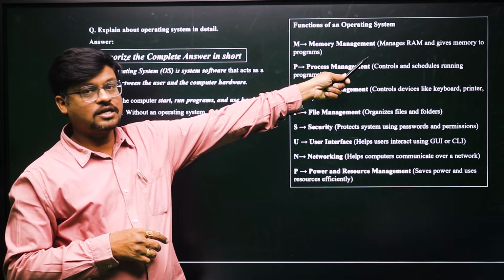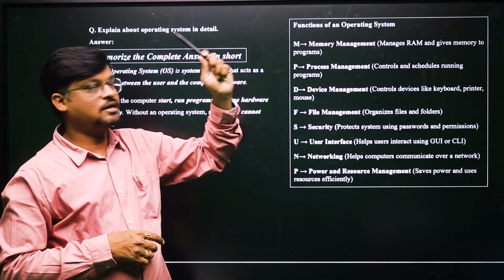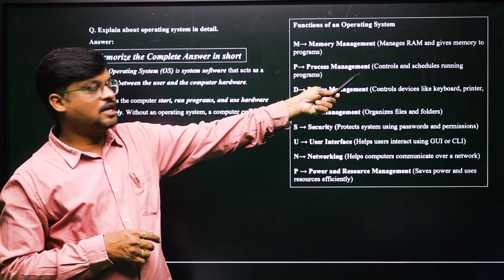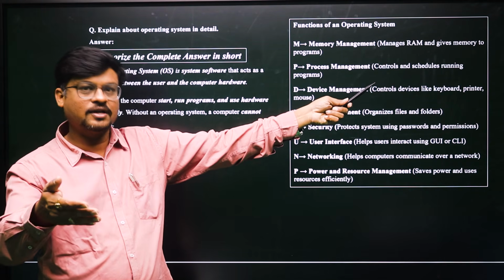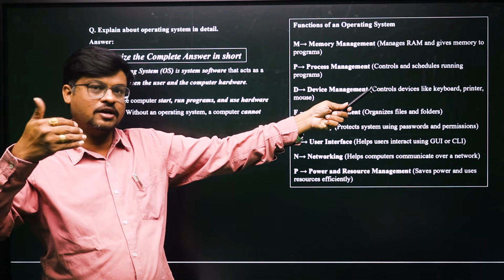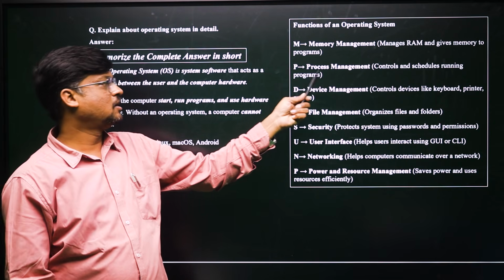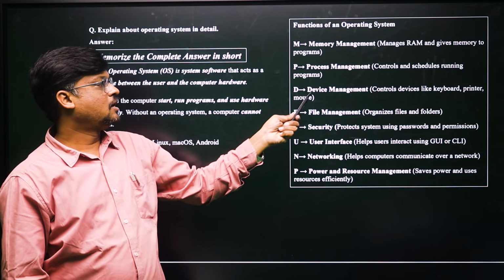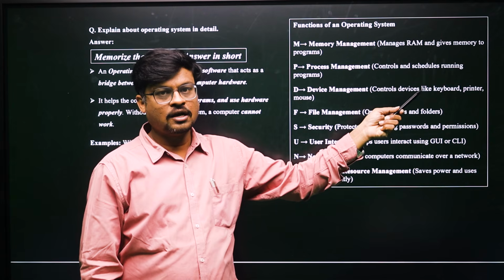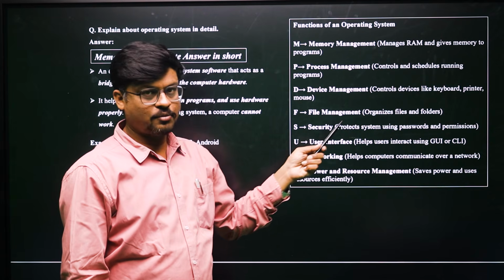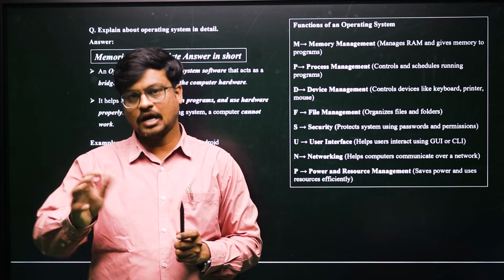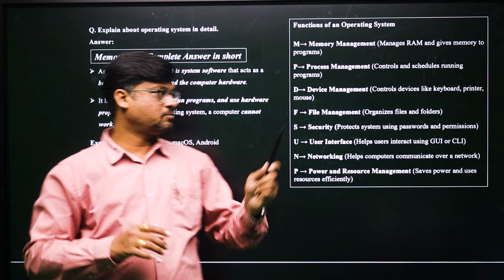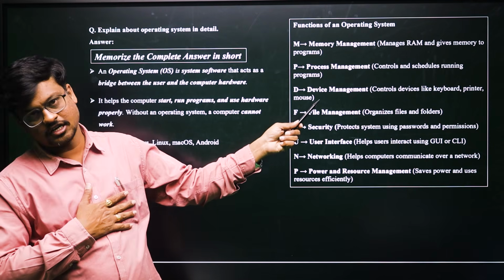Memory management, assigning the programs to the RAM, is done by the OS. Process management is scheduling and running the programs, deciding which program is to be run when. A program with the highest priority needs to be executed first, and it is decided by the OS. Device management controls the keyboards, printers, mouse and other input and output hardware devices, assigning them to your programs.